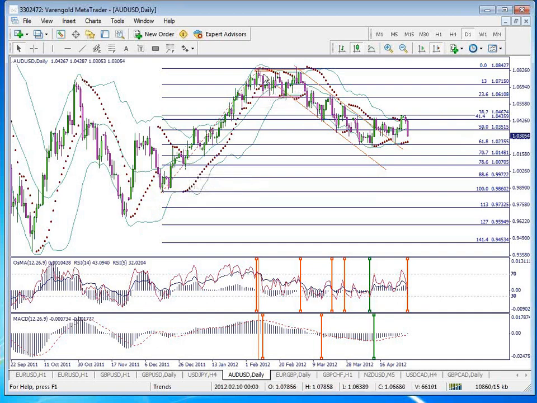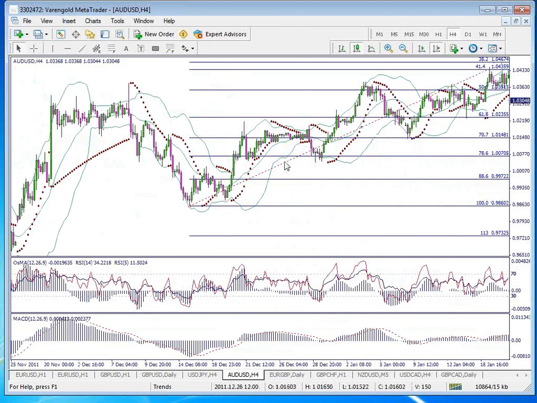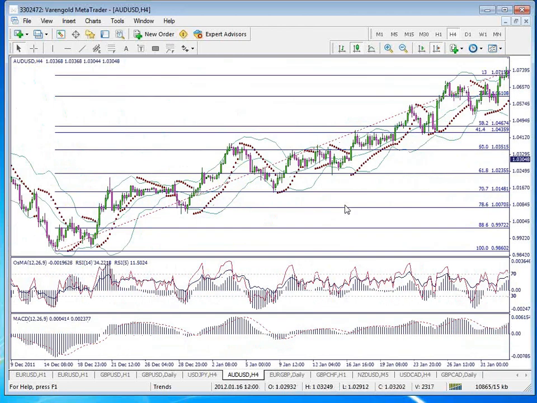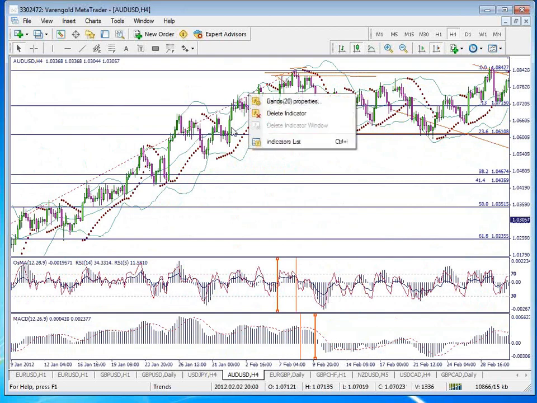If we are considering this one, the pair went to 61. Maybe we'll look for 70, 78. I think that also will retrace. If we are looking for short time on 4-hour time frame, I have to delete that Fibonacci.